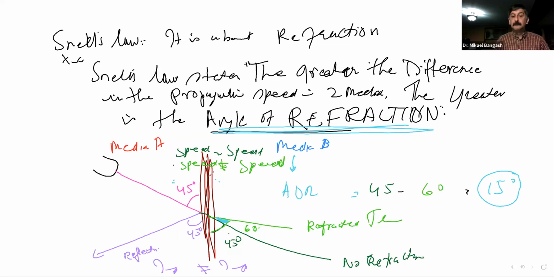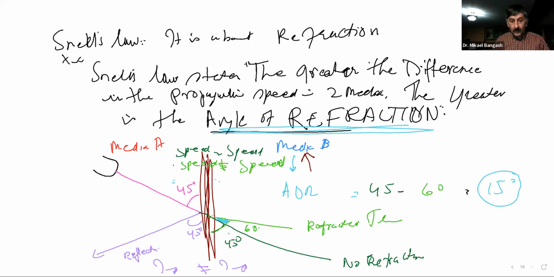Did that make sense? Whereas if you had a great difference in the speeds between these two media, we might end up with a greater angle of refraction.